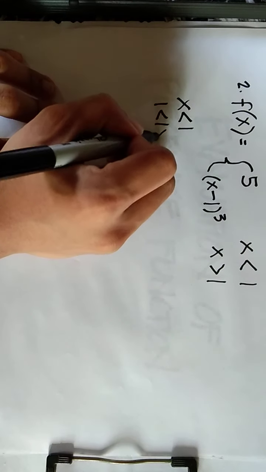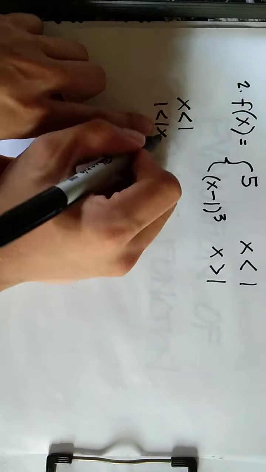Is 1 less than 1? Hindi. Because 1 is equal to 1. So, hindi to valid. What if we have 0 is less than 1? Tama. Mas malaki yung 1. How about negative 1?